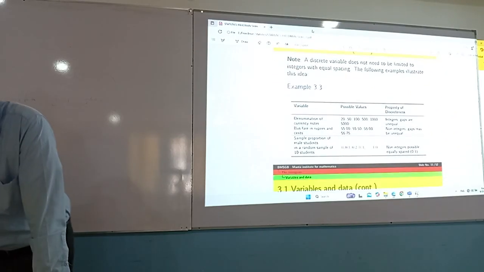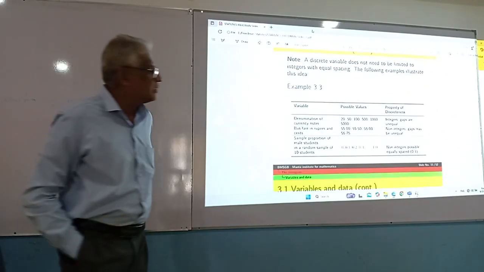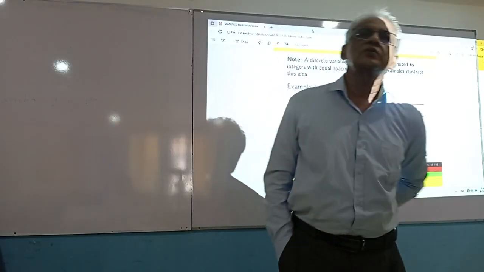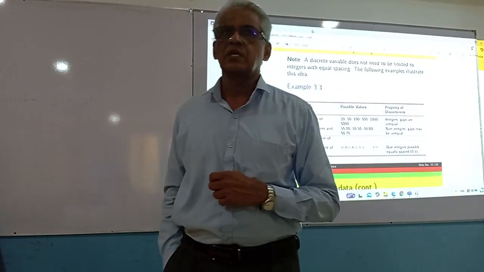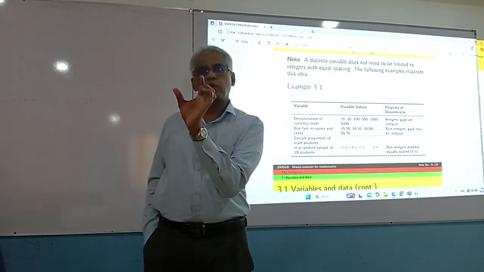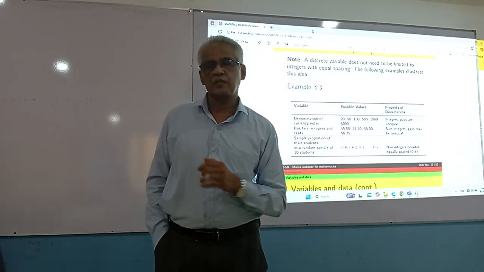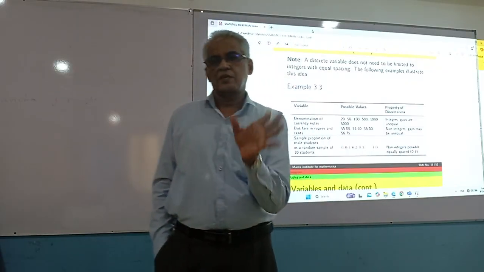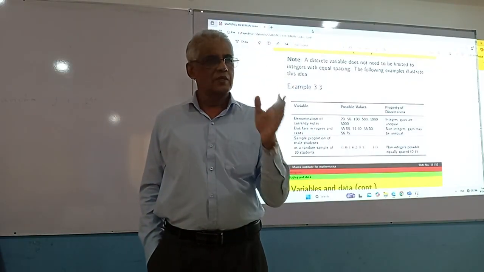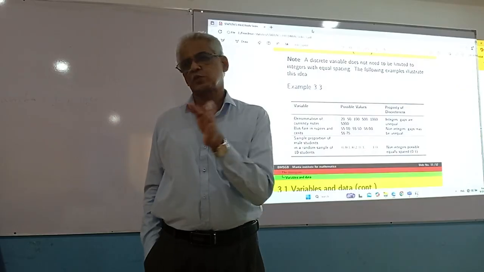I have given here a few examples, because sometimes people understand that for discrete variables, the set of possible values always has the same gap. For example, if you consider the number of children in a family, of course that is correct. Possible values are 0, the next possible value is 1, the next is 2.